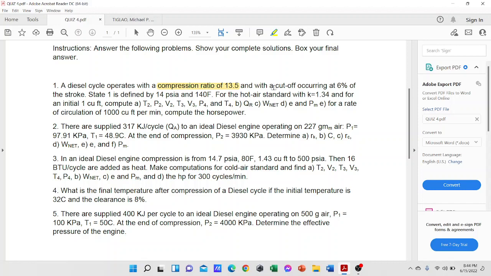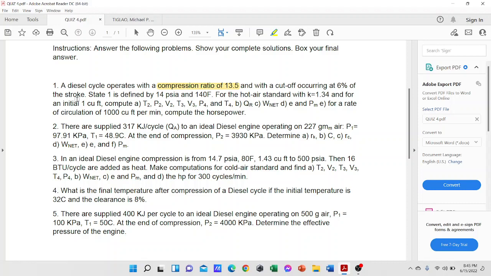When we say stroke, that is our VD, or the volume displacement. Therefore, rc is equal to 6% multiplied by the stroke. That is the cutoff ratio, which we still need to solve.